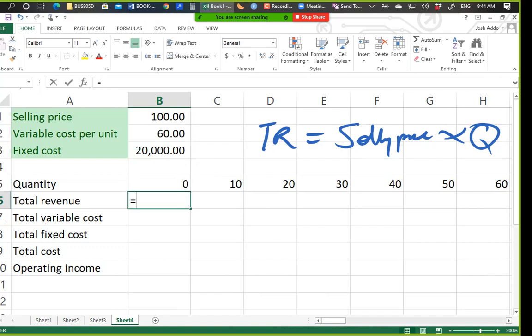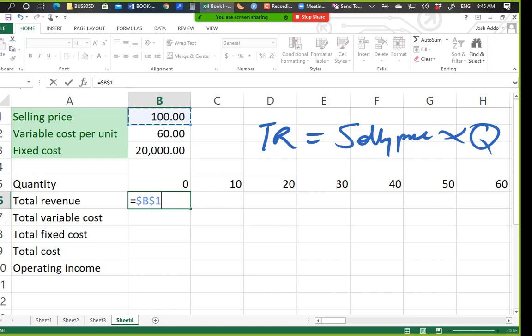Here is equal to selling price per unit, and then you understand we have to make this an absolute cell reference. Okay, so when you press the F4 key, it converts the relative cell into an absolute cell reference. If you want an understanding of more of these things, that's the more reason why you need to join the class.